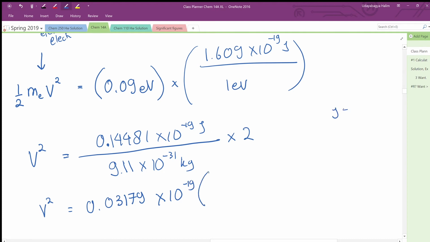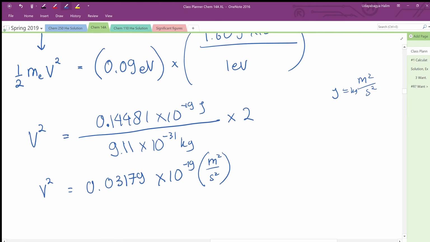Remember, a joule is equal to a kilogram times meter squared per second squared. So if you divide joules by kilograms, the kilogram disappears, and you end up with a unit of meter squared per second squared. We're almost there. In order to find the velocity, we have to take the square root of this whole thing.